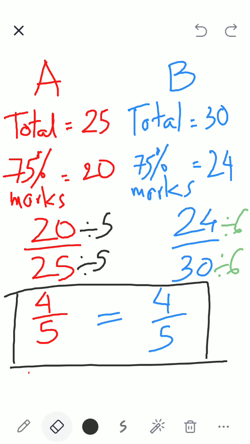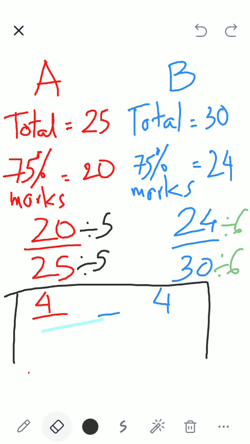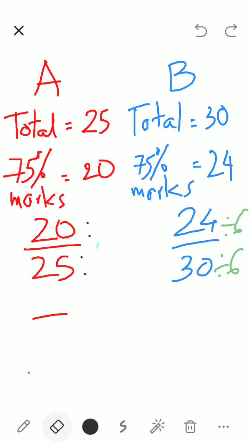Okay. So, what didn't you understand, Subhashri? What have you not understood? Okay. So, class A had how many students getting 75% marks, Subhashri? 20.